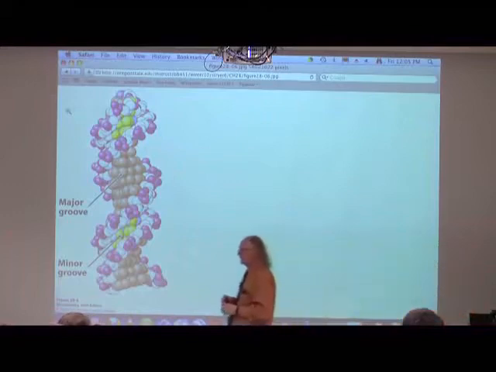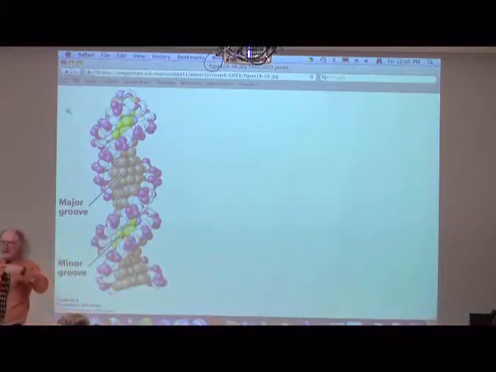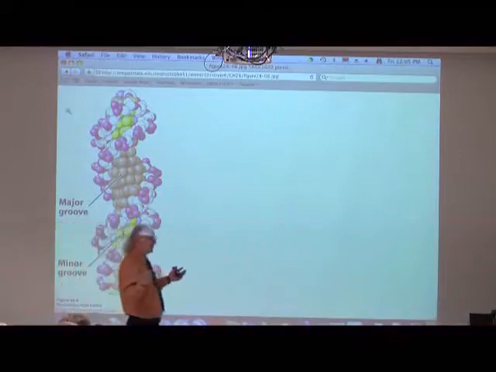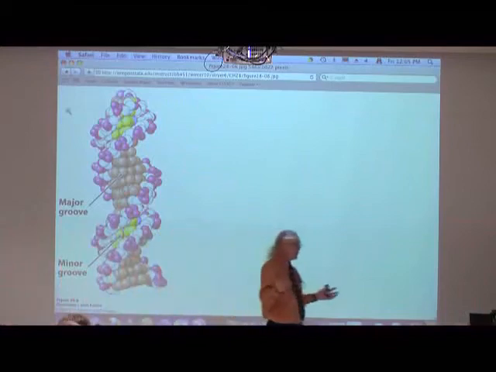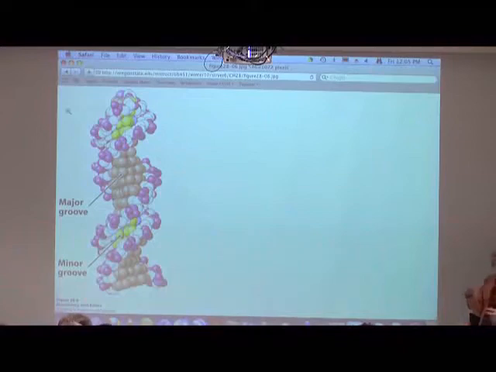So DNA has to exist in an aqueous environment, and it arranges itself so as to do so. Hydrophilics on the outside, hydrophobics on the inside. Now, it's not quite as pronounced as it is in proteins. In proteins, you can have those amino acids literally buried in the structure. And in DNA, you don't have that.